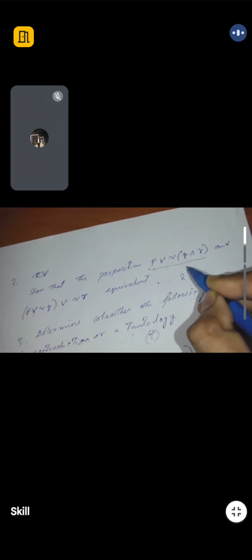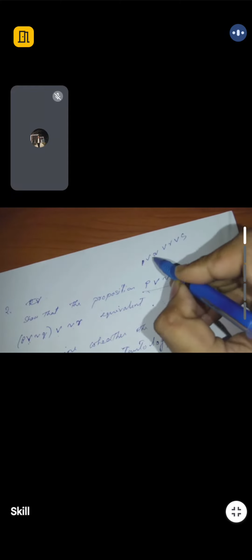The value of R should also be taken like P and Q, right? Yes. So the number of variables is 3. How many rows will there be? 8, because 2 to the power 3, where 3 is the number of inputs.